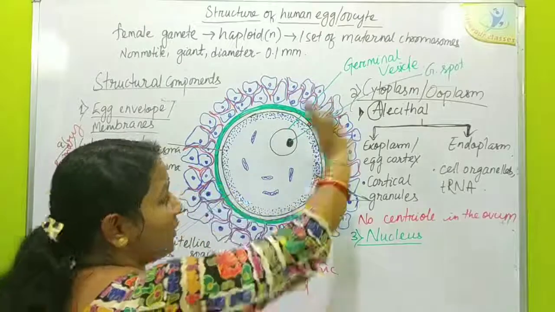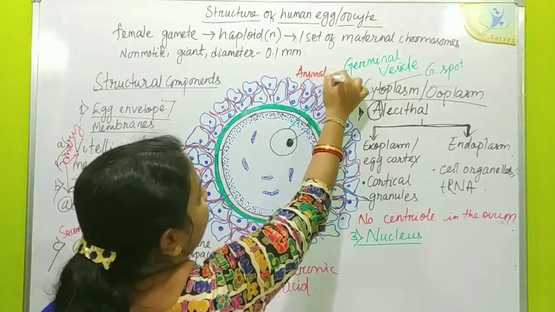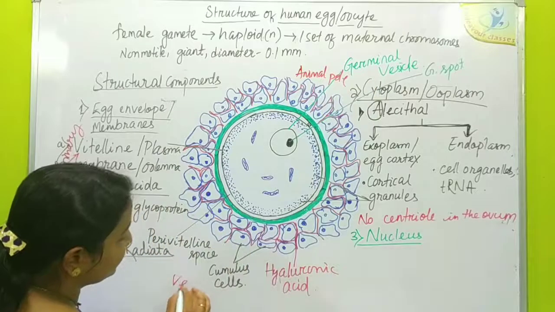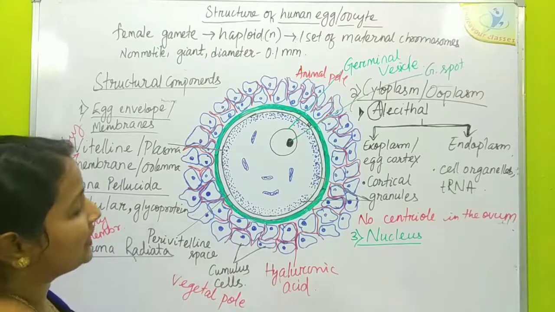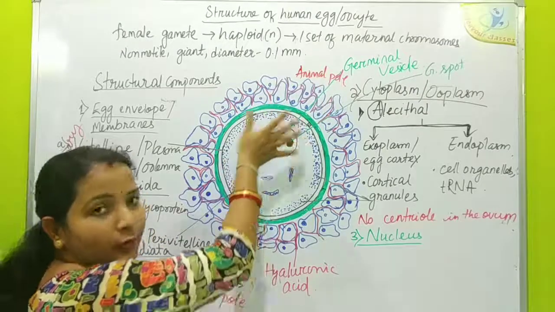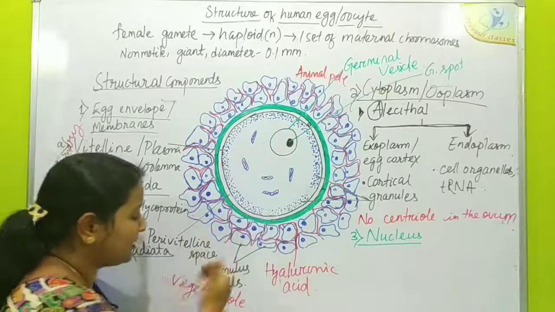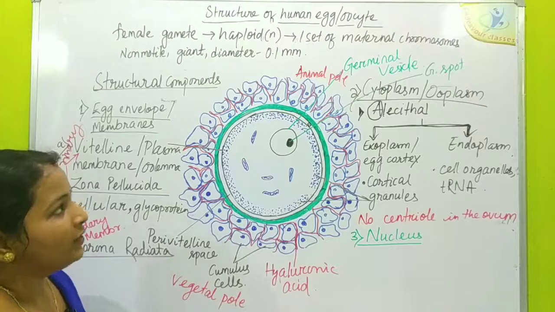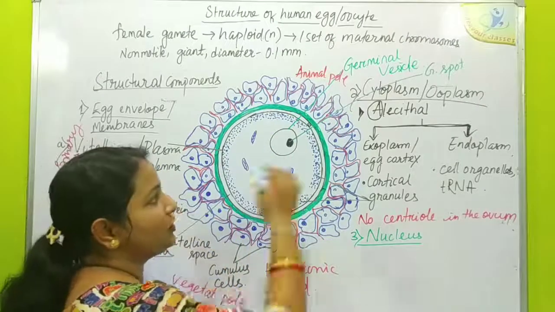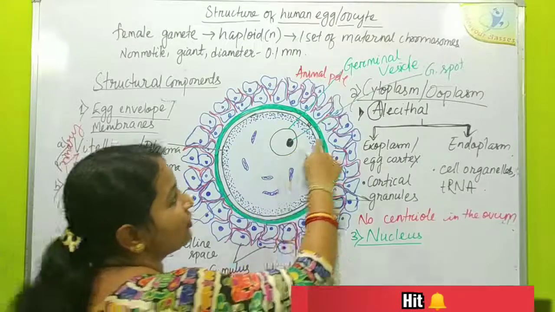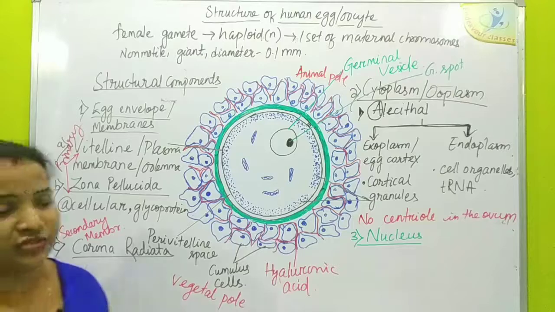The side towards which the nucleus is present is the animal pole, and the opposite side is called the vegetal pole. Usually metabolic activity inside the egg is high towards the animal pole, and low towards the vegetal pole. So the nucleus contains genetic material, and it is called the germinal vesicle in the eggs, and the nucleolus, which is very distinct, is the germinal spot. So this is all about the structure of the human egg.